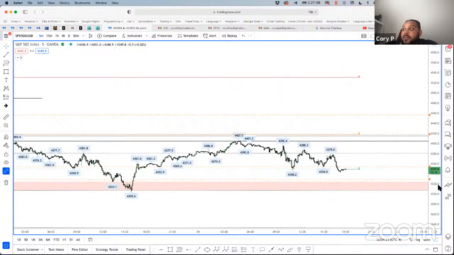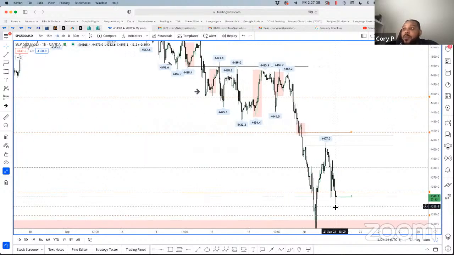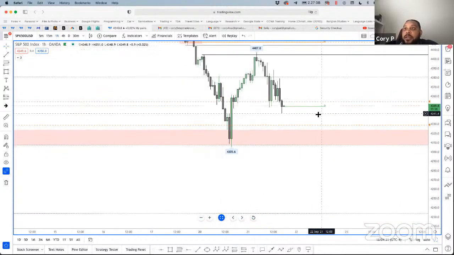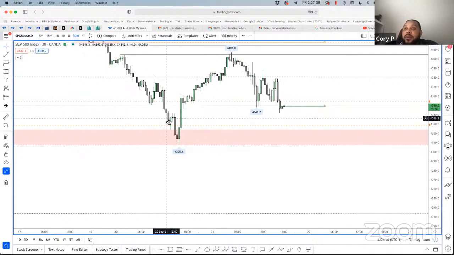Okay, if it's not reacting, let's say we're going to use this 1 hour order block right here. It gets to it, but it keeps trading down into it. Okay, cool. I'm going to go to 30 minutes. I'm going to watch for it until it gets to this point.